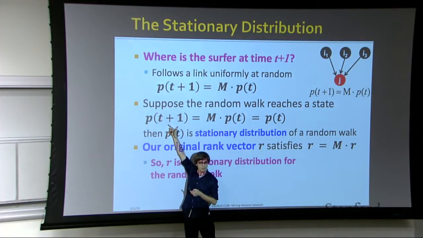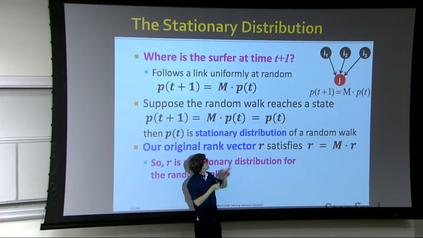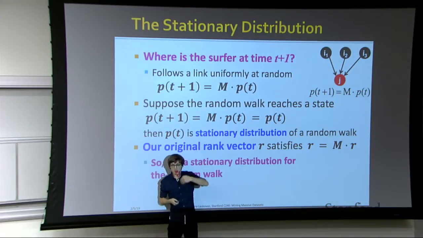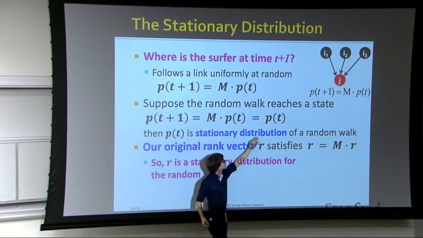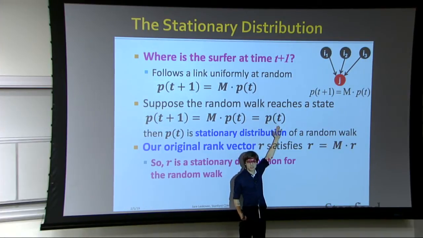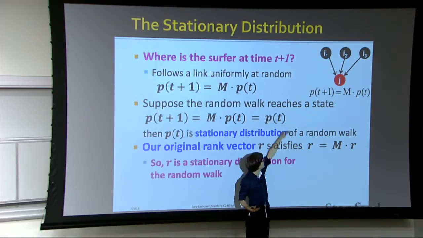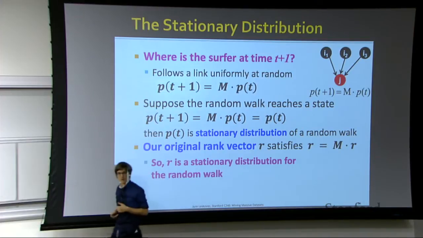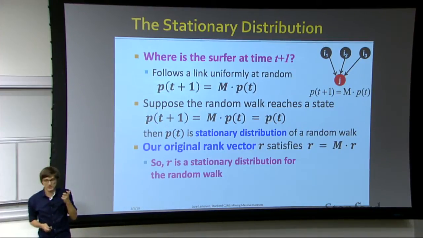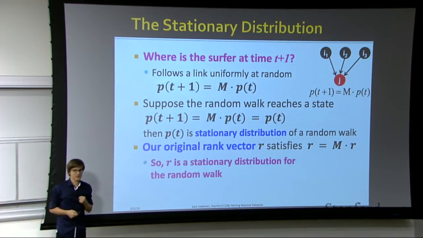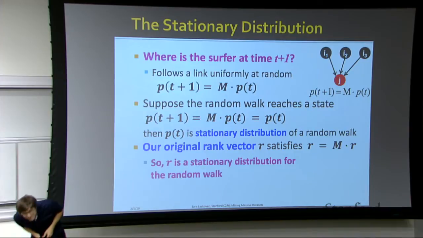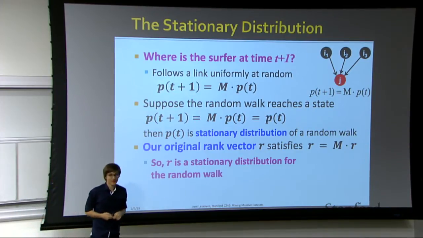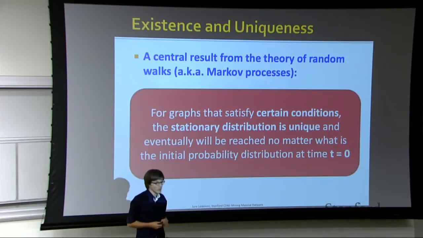And as we iterate this RandomSurfer long enough, our belief about where the surfer is converges to this stationary distribution. The two views of PageRank are equivalent. Okay, that's the essence of what I said. Any questions? Okay, no questions, moving ahead.